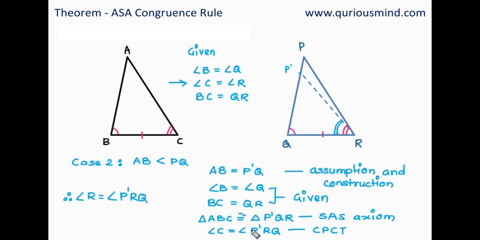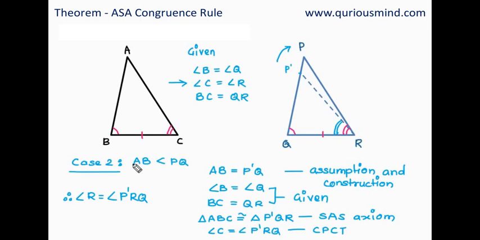But that can only happen when P dash coincides with P. Otherwise, it is not possible. These two angles cannot be equal unless this point P dash is the same as point P. That means triangle ABC is congruent with triangle PQR. So P dash has to be equal to P. The theorem is true for case 2.